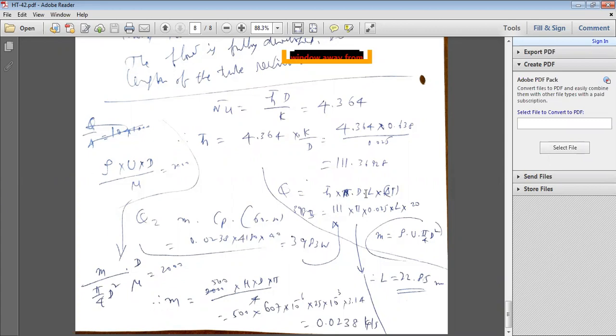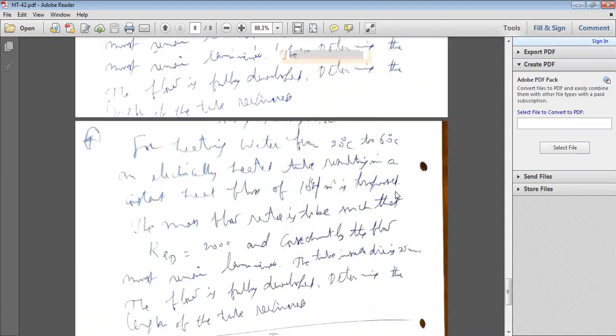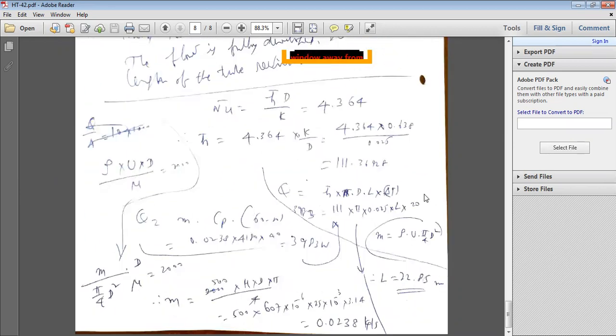That's why Q is equal to h bar pi D L into delta T. Here the Q value 3983 is equal to h bar 311.36 into pi into diameter of the pipe 0.025 into length of the pipe into delta T LMTD. For a constant heat flux, you have to find the log mean temperature difference, which will be coming around 20.